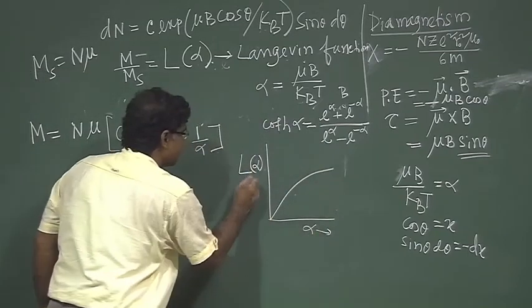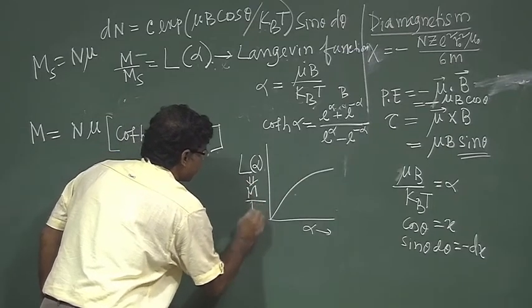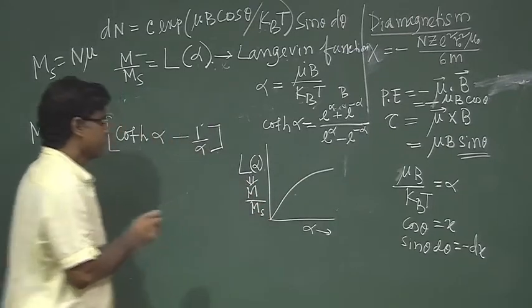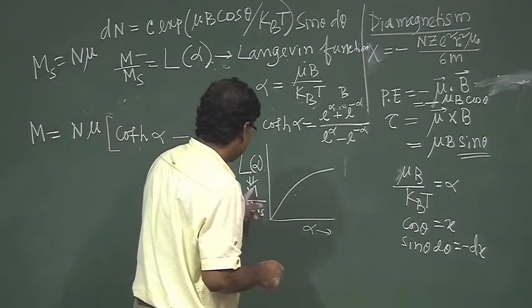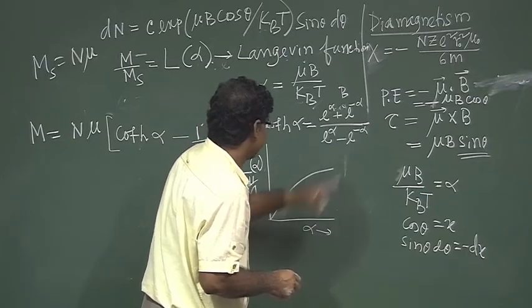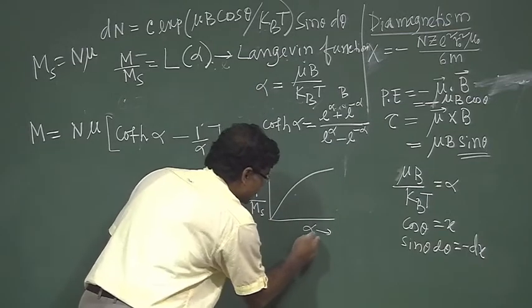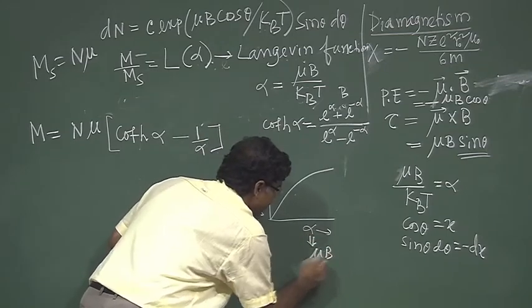This is nothing but m by ms. So magnetization will vary like this. Alpha is mu B by kBT.